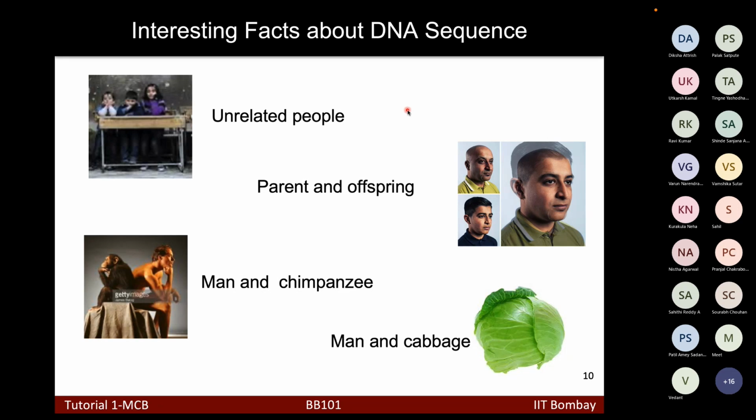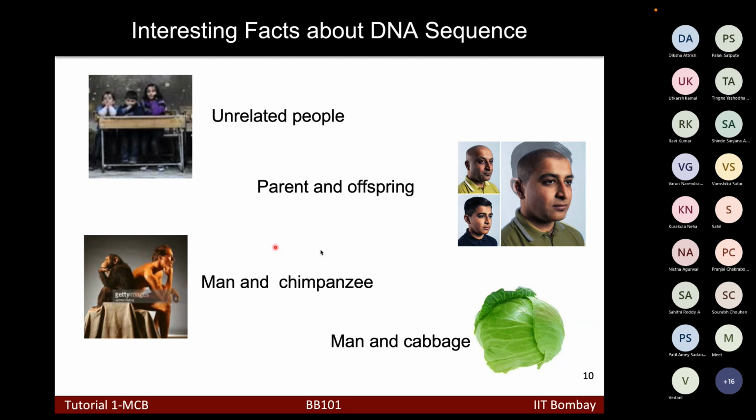We have hair, we have eyebrows. Because a major fraction of the DNA in all human beings is the same, and only a very small percentage is different, and that is what makes the DNA unique for every person. For parents and offspring also, our DNA is more similar to our parents and siblings than to unrelated people.